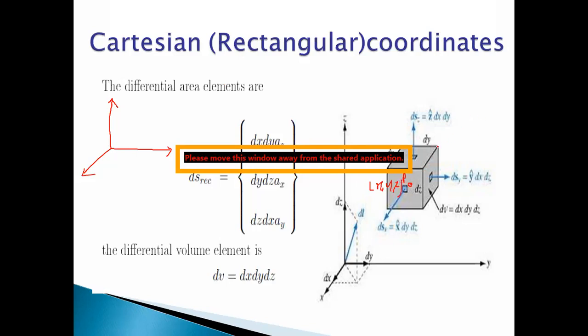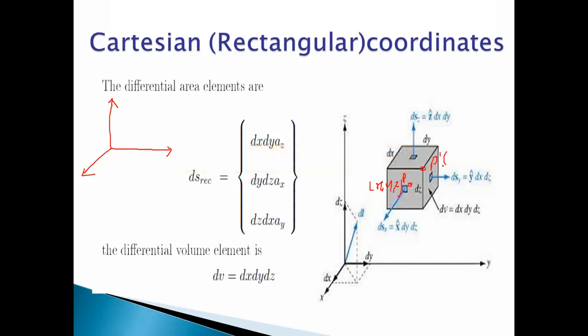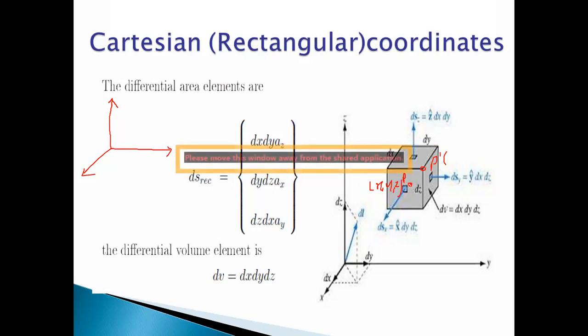Then suppose point P dash is located somewhere here, and this is point P dash.